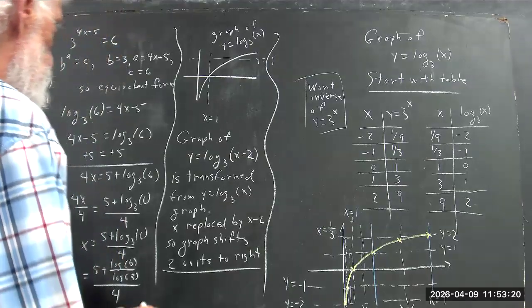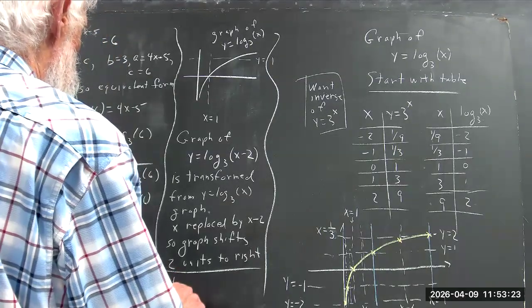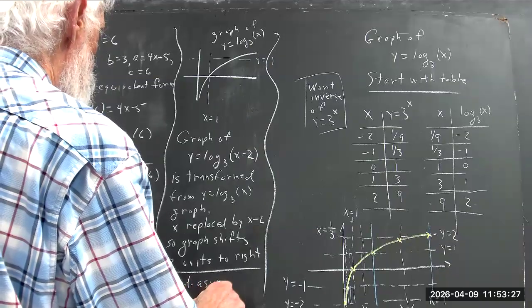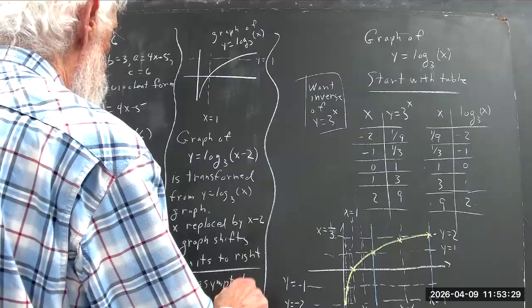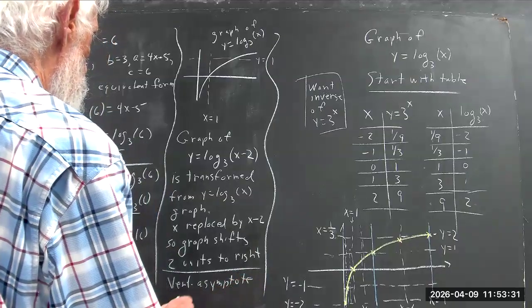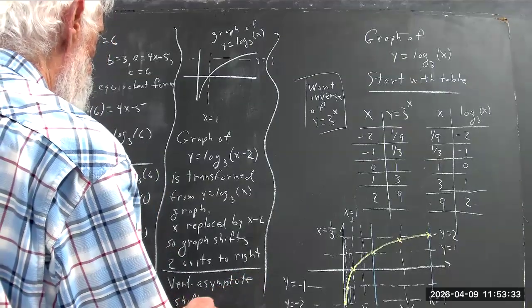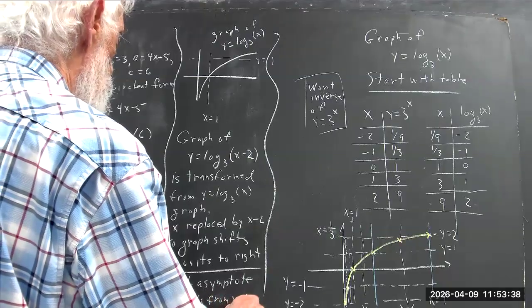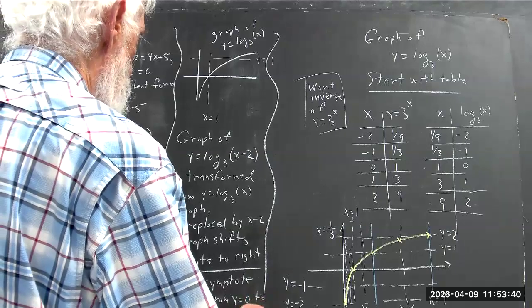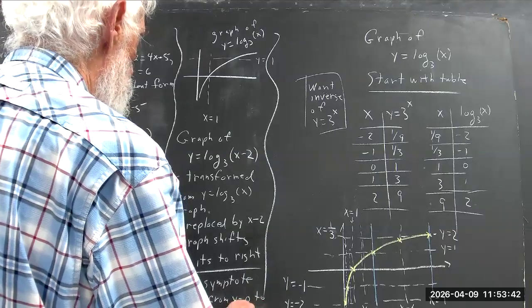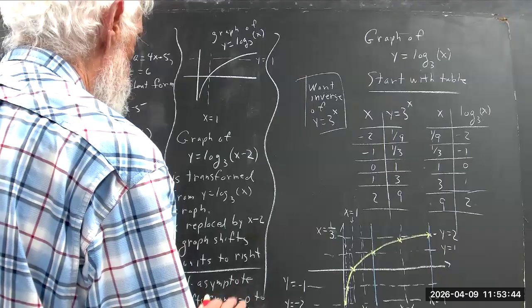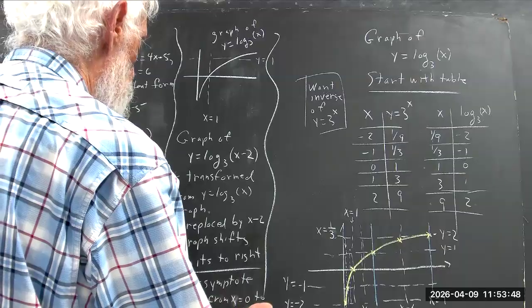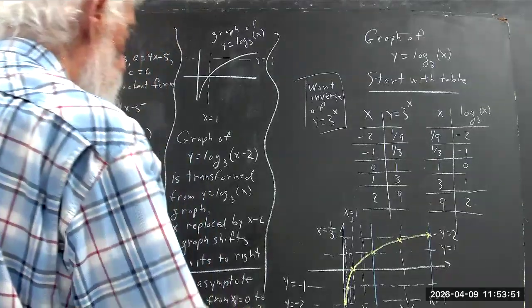It shifts from x equals 0 to x equals 2.